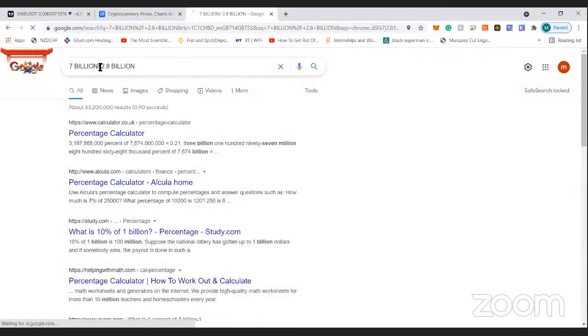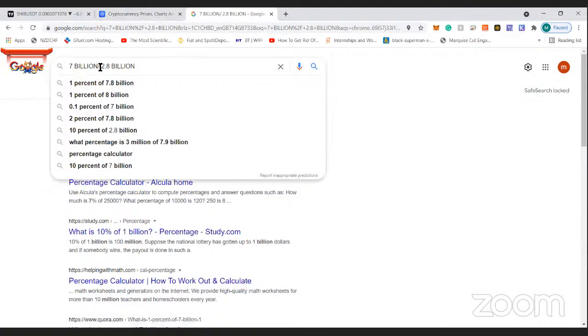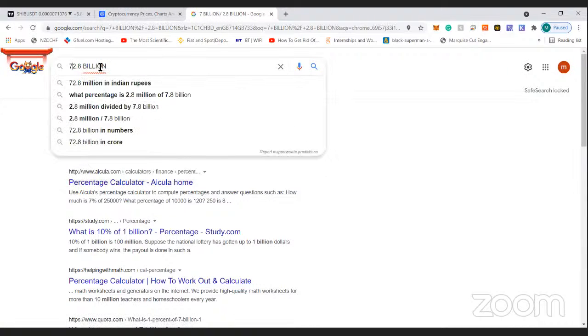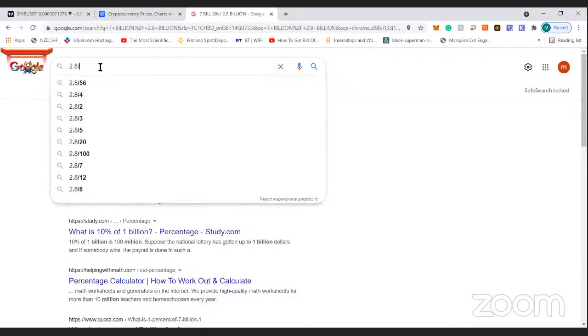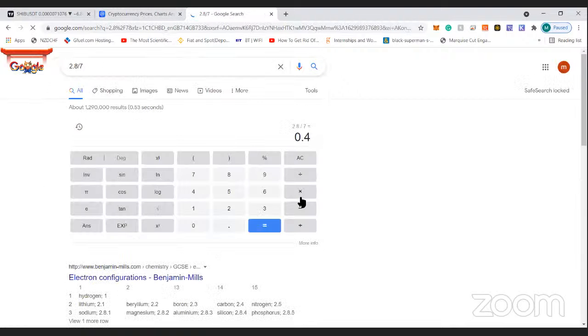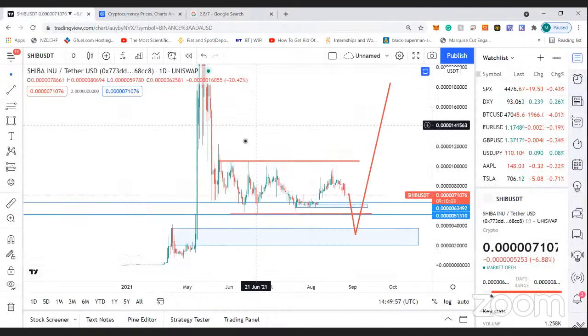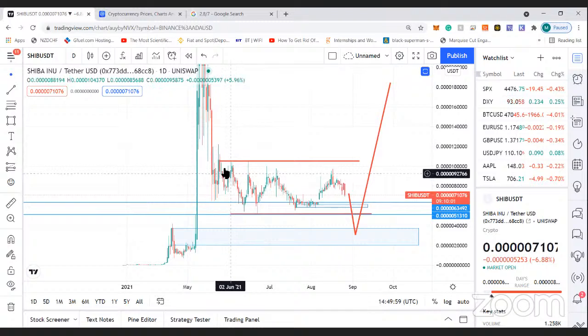I should have just done 2.8 divided by 7, excuse me, guys. Maths went the wrong way. So at least everybody in the world, in a sense, would have 40 cents inside of Shiba Inu, which is an amazing feat for a project like this.